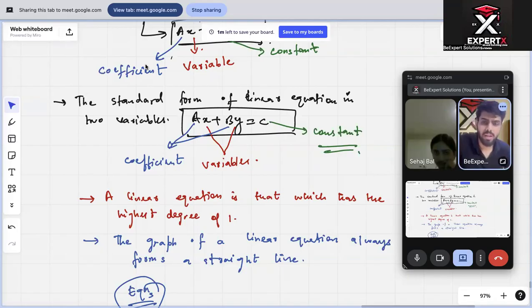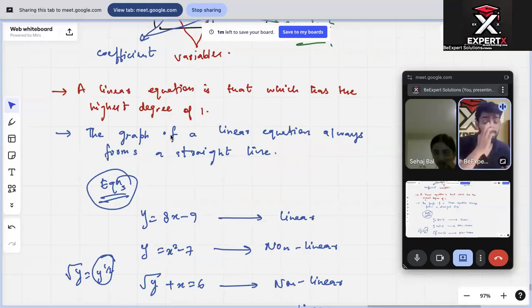The next thing in understanding a linear equation is that it has the highest degree of 1, which we already studied. The graph of the linear equation always forms a straight line, which I will show you. Whenever you talk about the graph of a linear equation, Miss Sehaj, let's say for example this is the graph. Whether you're using the four quadrants or not, it always comes out as a line like this.